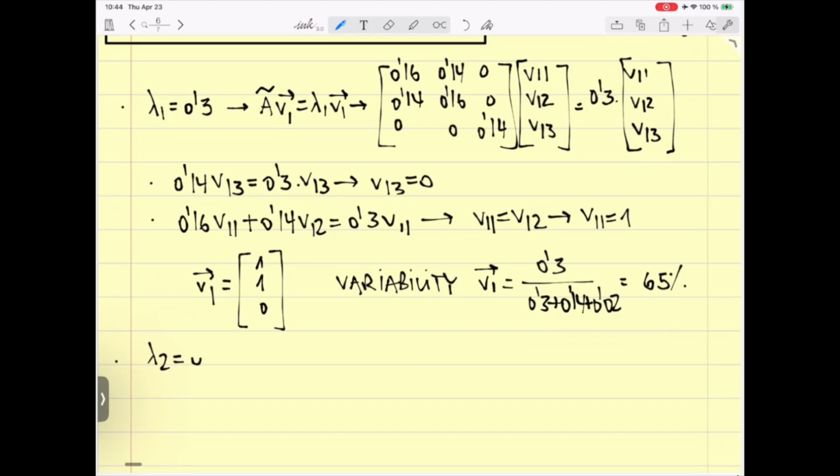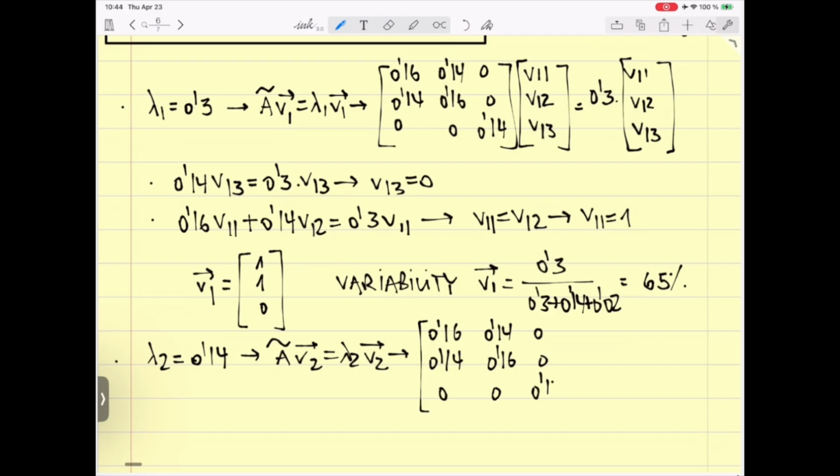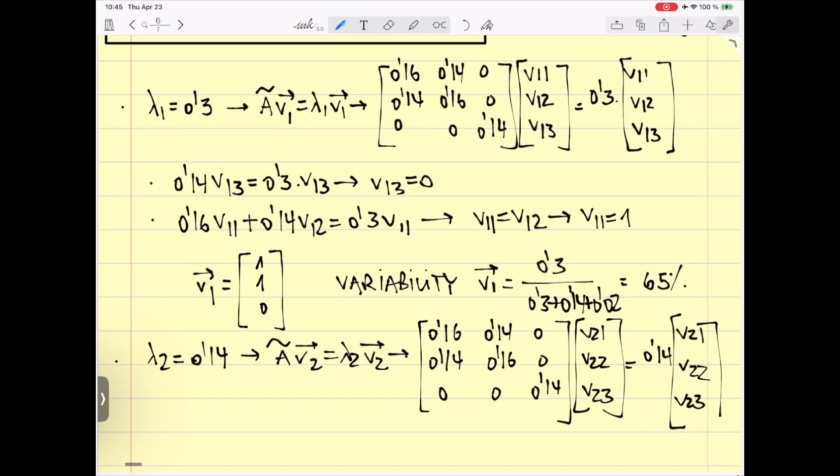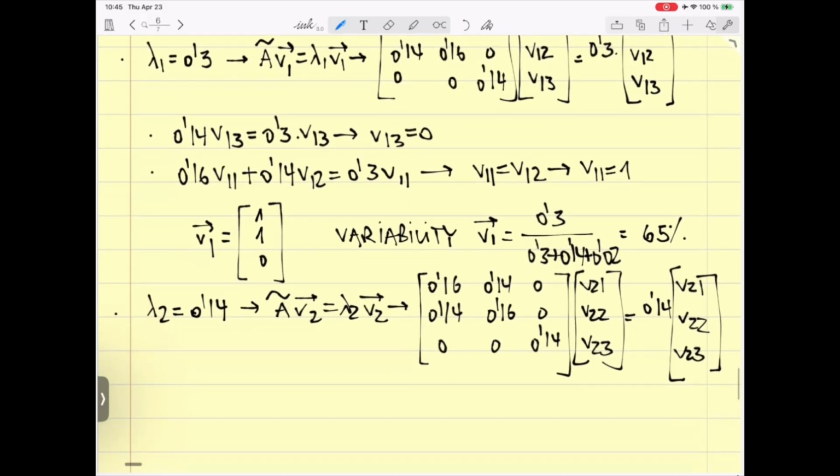If we take the second, we have our matrix. Solve it in the same manner, 0.16, 0.14, 0, 0.14, 0.16, 0, 0, 0, 0.14, V21, V22, V23 equal 0.14 V21, V22, V23. Okay, so what we get is that 0.14 V23 equals 0.14 V23.